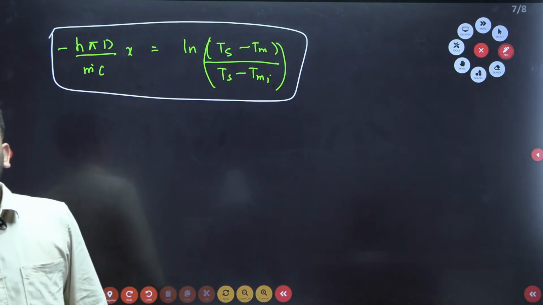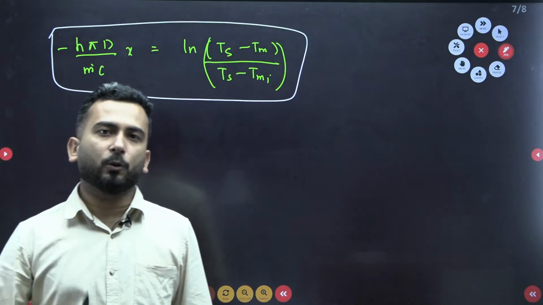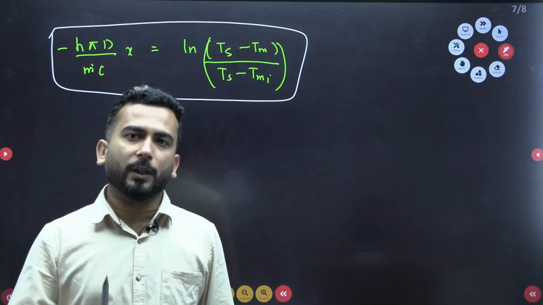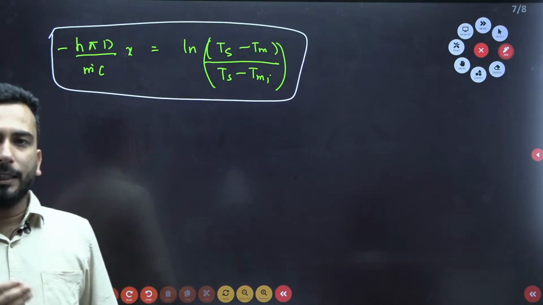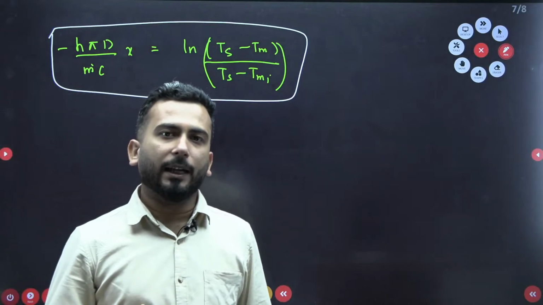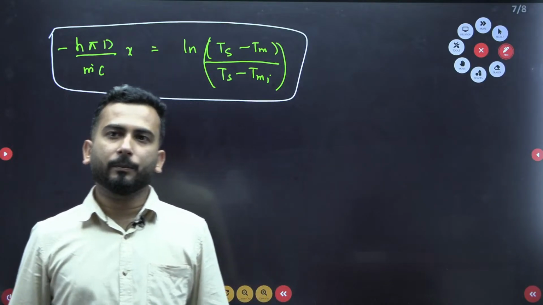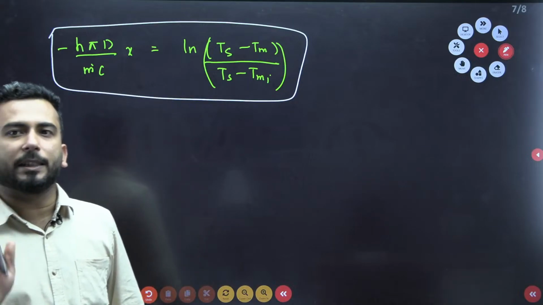As far as I can say, Indian authors' books are good for numerical practice. For conceptual and easy understanding, and for coverage as well, Cengel is good. I will recommend Cengel, keep Cengel with you.